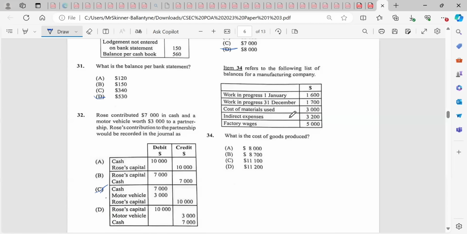The indirect cost will be indirect expenses, 1,200. You add the opening work in progress of 1,600, and that is 10,800. And you minus the closing work in progress of 1,700, and that will leave you with 11,100, C. Saying it again, for manufacturing accounts, it's direct cost plus the indirect cost, add the opening work in progress minus the closing work in progress.